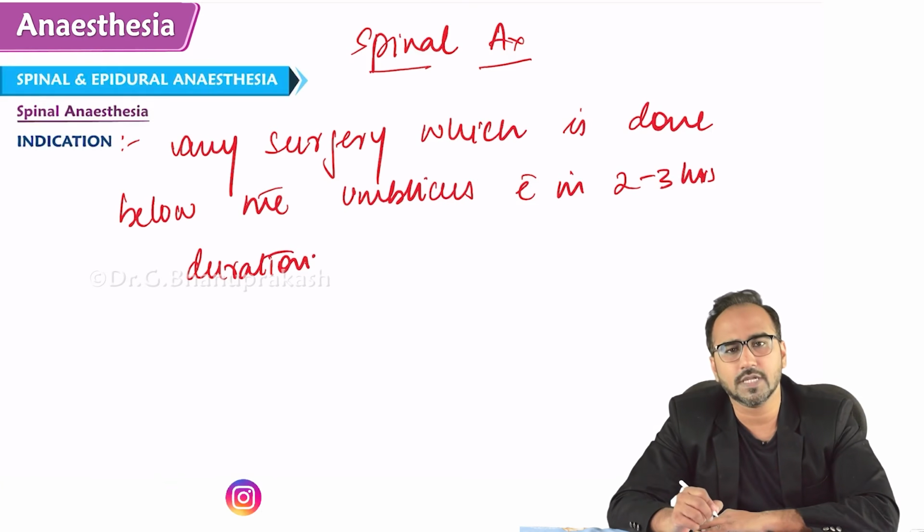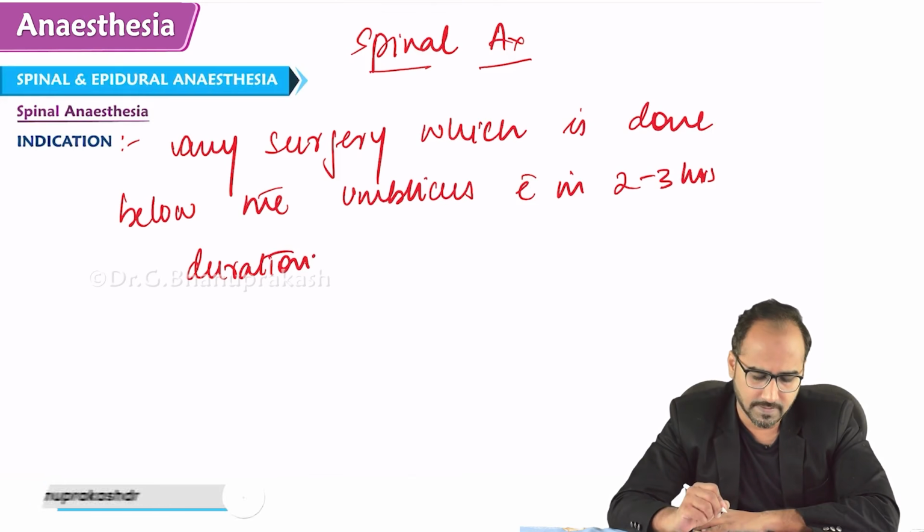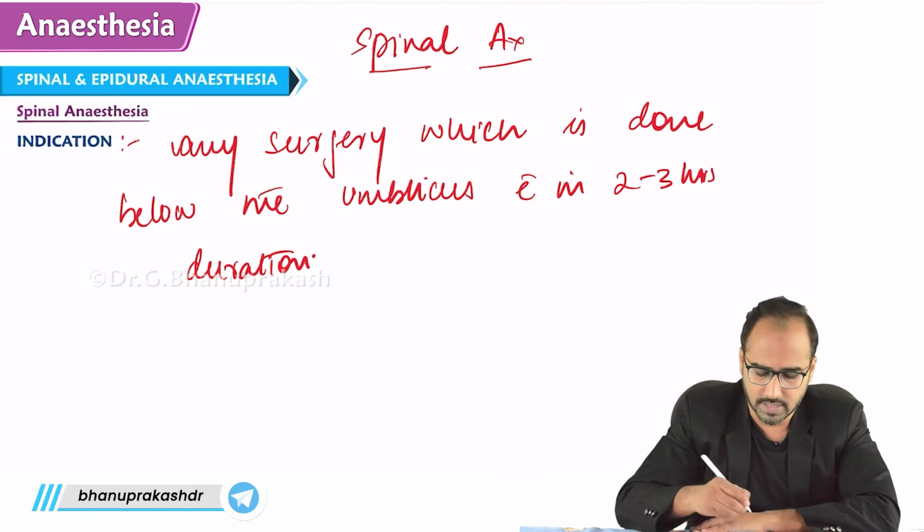Any surgery done below the level of umbilicus within 2 to 3 hours of duration, you go for spinal anesthesia. That is the indication of spinal anesthesia.